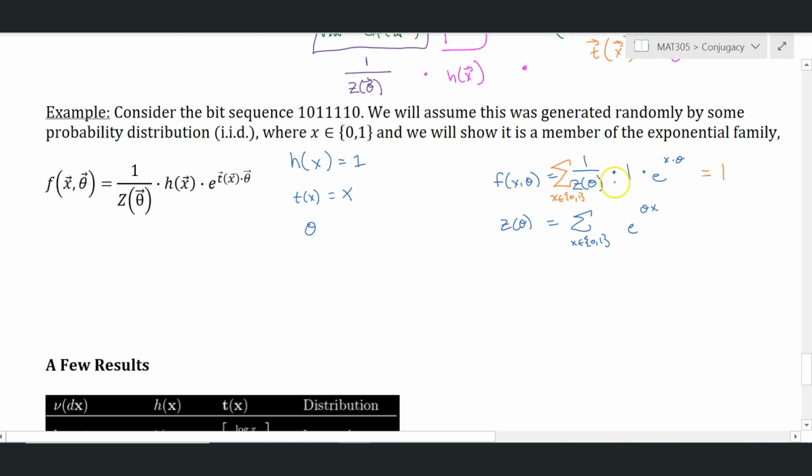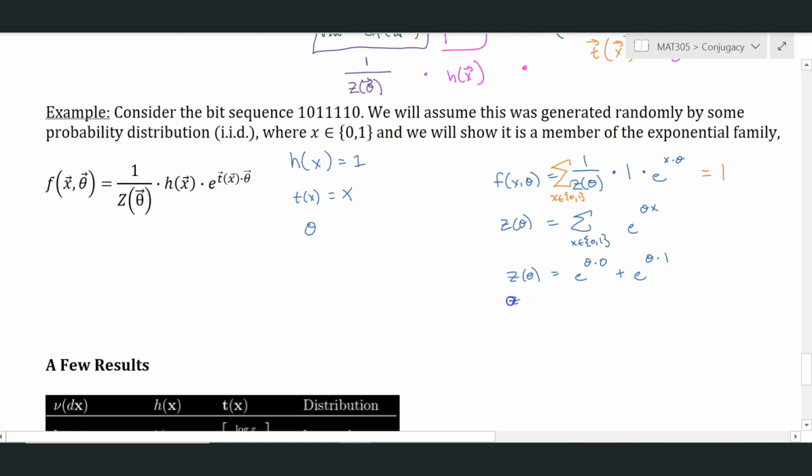Okay, so what I'm going to do is add these up, and I know this needs to equal 1. This is what z of theta will be in order for the sum of the probability mass function probabilities to equal 1. So z of theta will equal e to the theta times 0 plus e to the theta times 1.